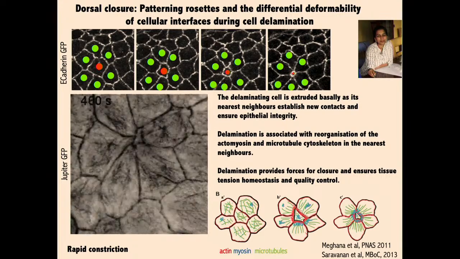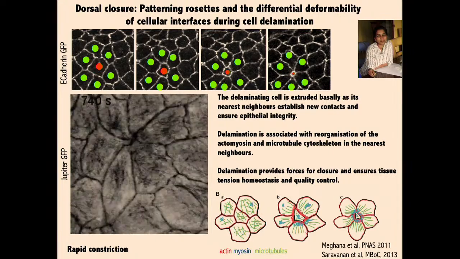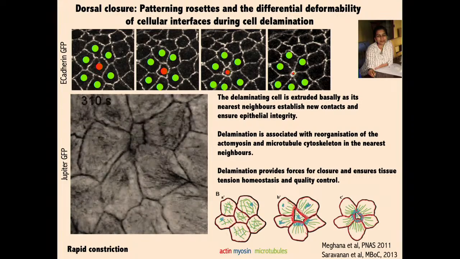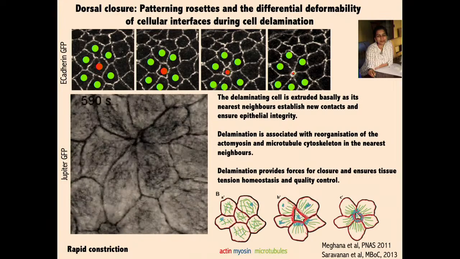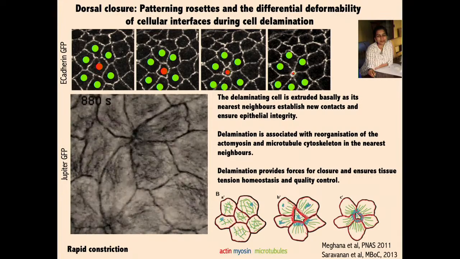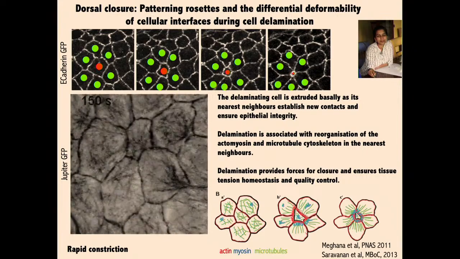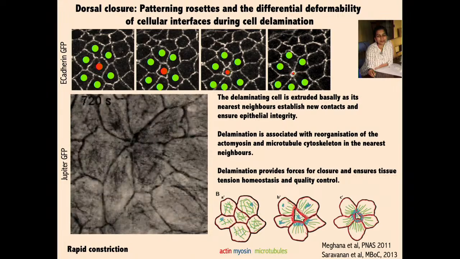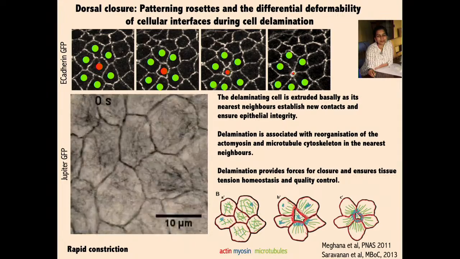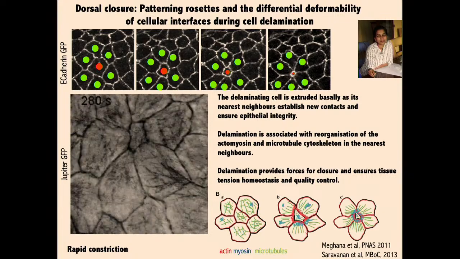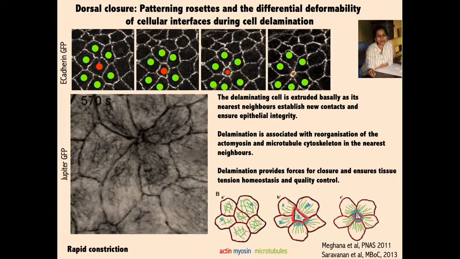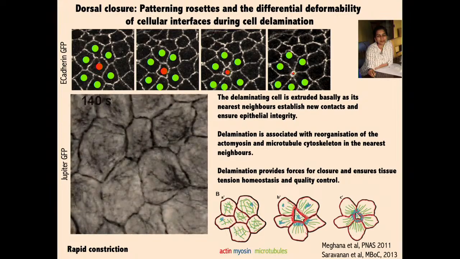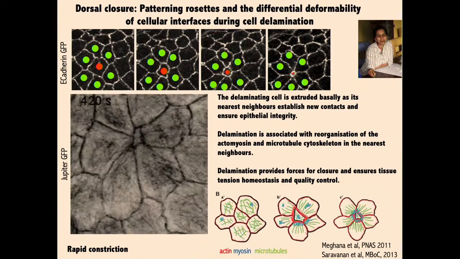And we likened this process in which this cell actually constricts and delaminates from the sheet to sort of yield stress in materials where, you know, the behavior from elastic to plastic might account for the exit of the cell from the sheet.